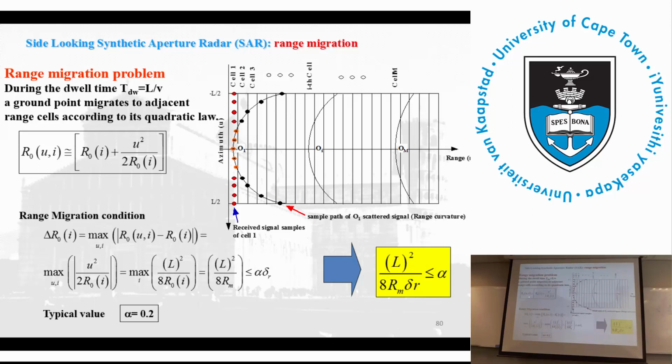So if we consider that, now the range migration condition, see here, is the distance between point O at the minimum distance and at any space U. If you take the maximum value of U, then you get the maximum distance.